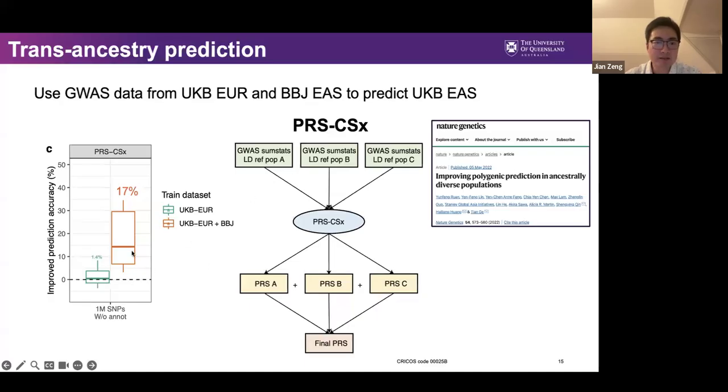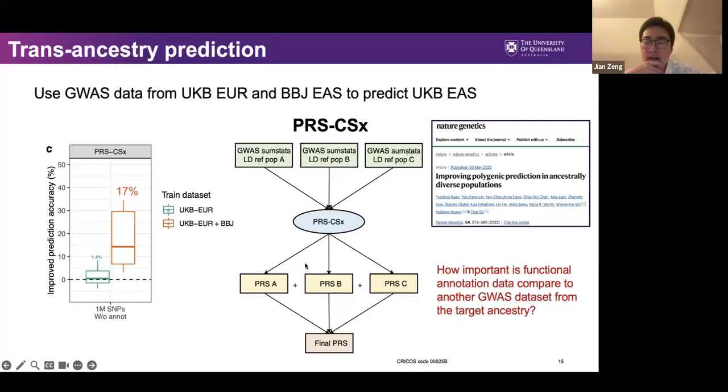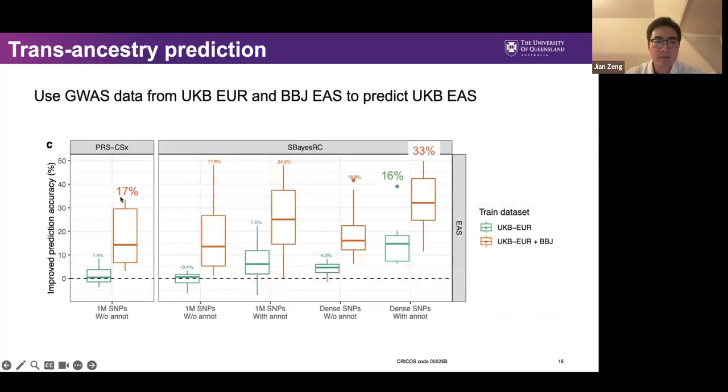And using these methods, we observed an improvement of prediction accuracy by 17% across different traits. Now, the question we want to ask is, how does incorporating functional annotation compare to using additional GWAS datasets? And here is the result. We looked at with or without annotation at the low-density SNPs or the very high-density SNPs.